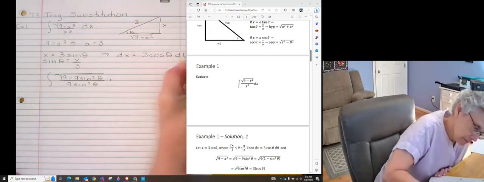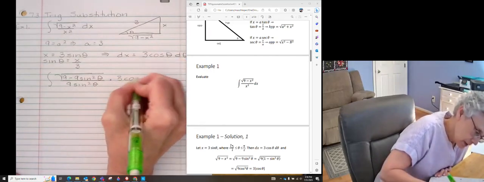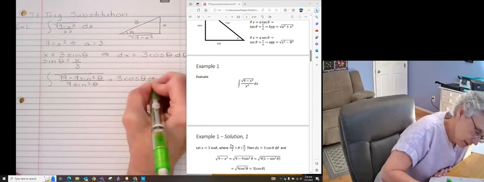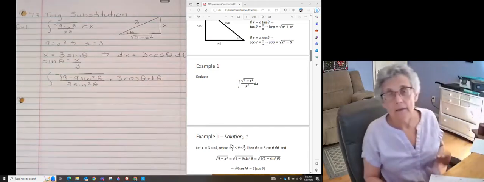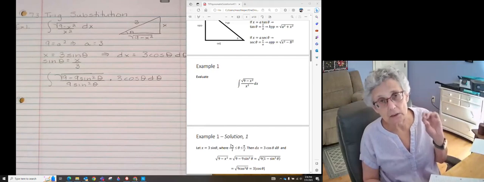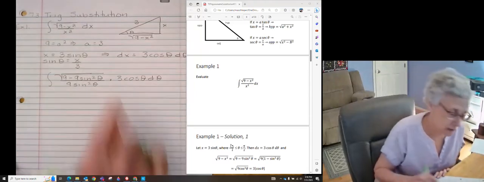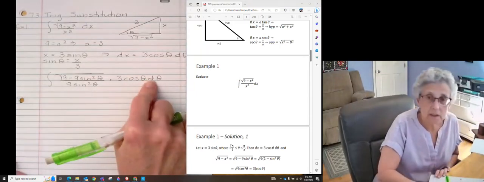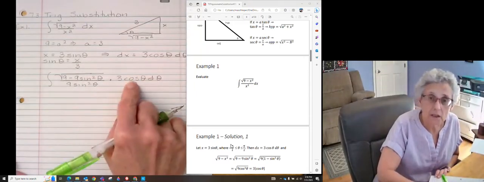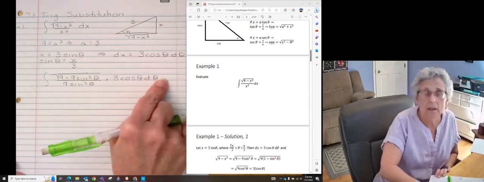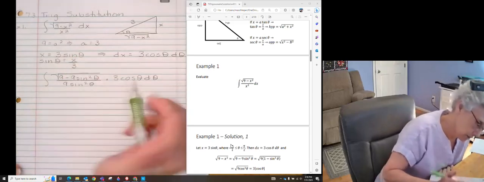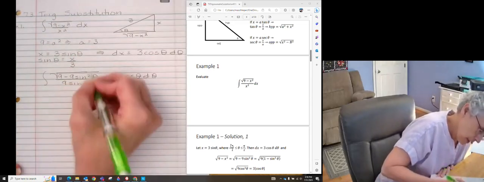So this would be times 3 cosine theta d theta. That's a common mistake that students make, forgetting the derivative of the x. So don't forget that it's not just going to be d theta, it's cosine theta d theta, because you've replaced x with sine of theta.